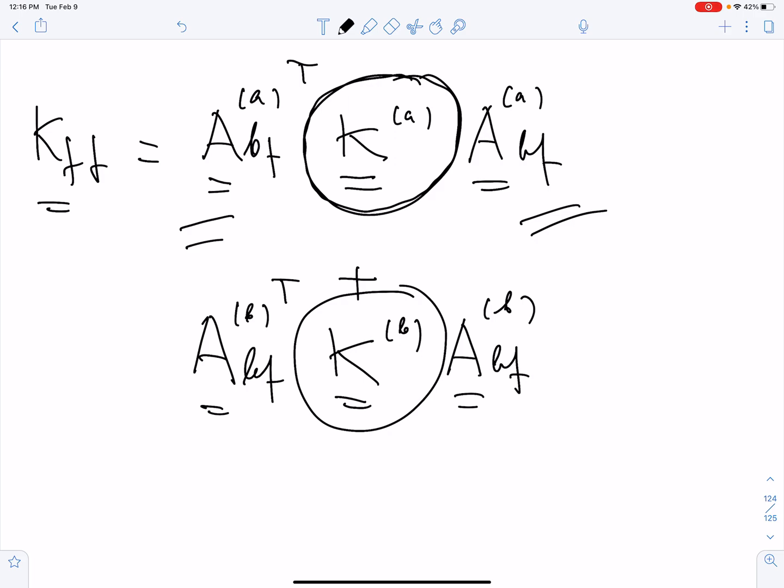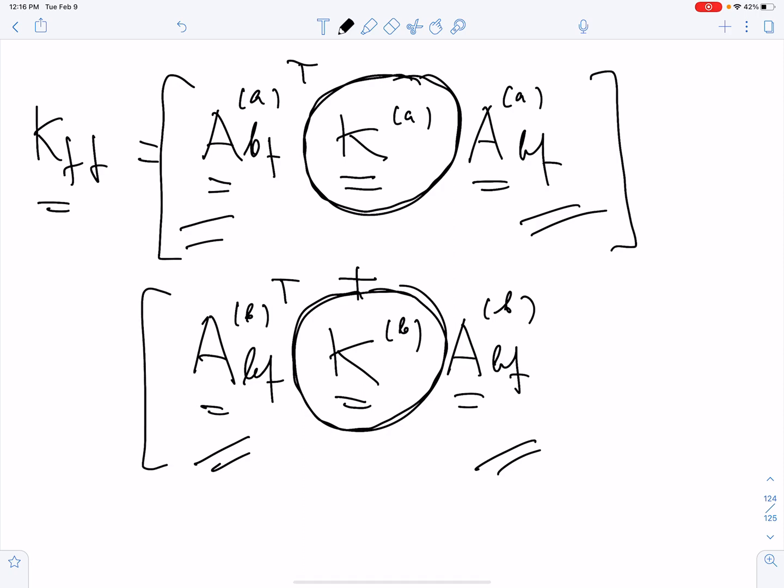Now this object has the right structure and dimensions to be added. The same thing happens to element B: you build its element stiffness matrix in global coordinates, use these Boolean matrices to send things to the proper locations of the global stiffness matrix, and then add them together.